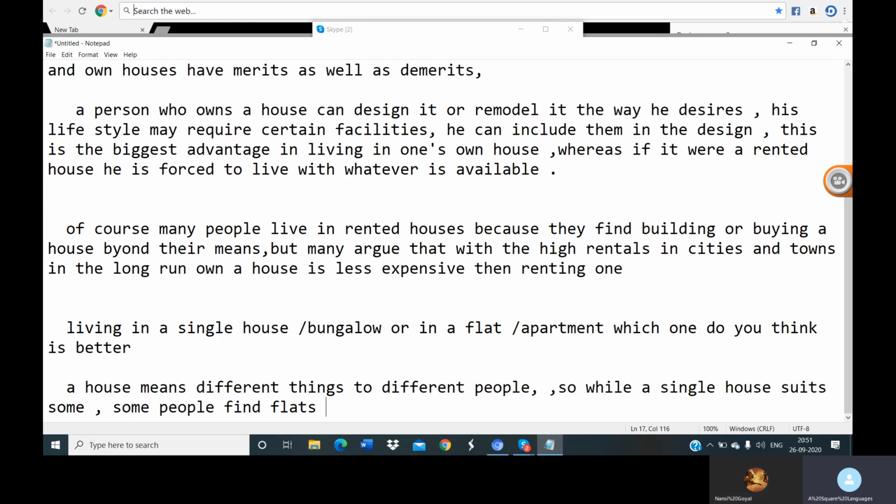Like a house means different things to different people, right? So while a single house suits some, maybe some people find flats more convenient, right?